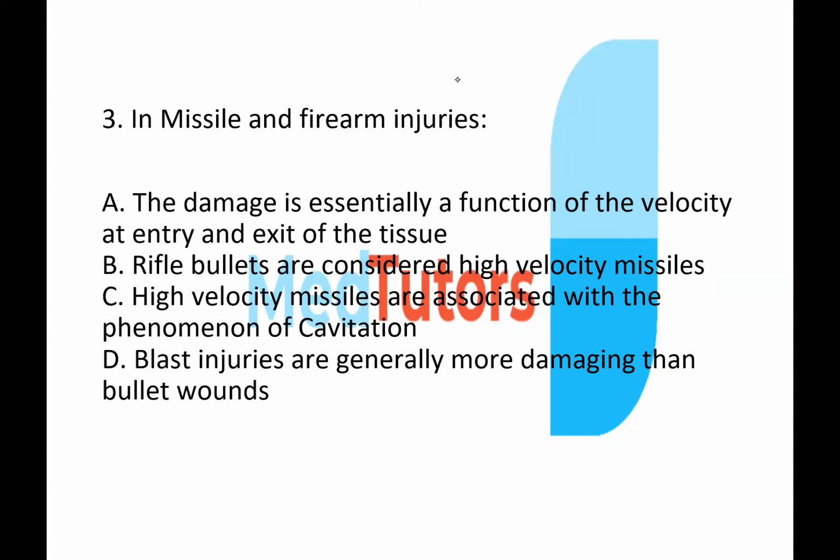High-velocity missiles are associated with phenomena of cavitation. Blast injuries are generally more damaging than bullet wounds. Now, as I was telling you, gunshot injury has a category on its own.